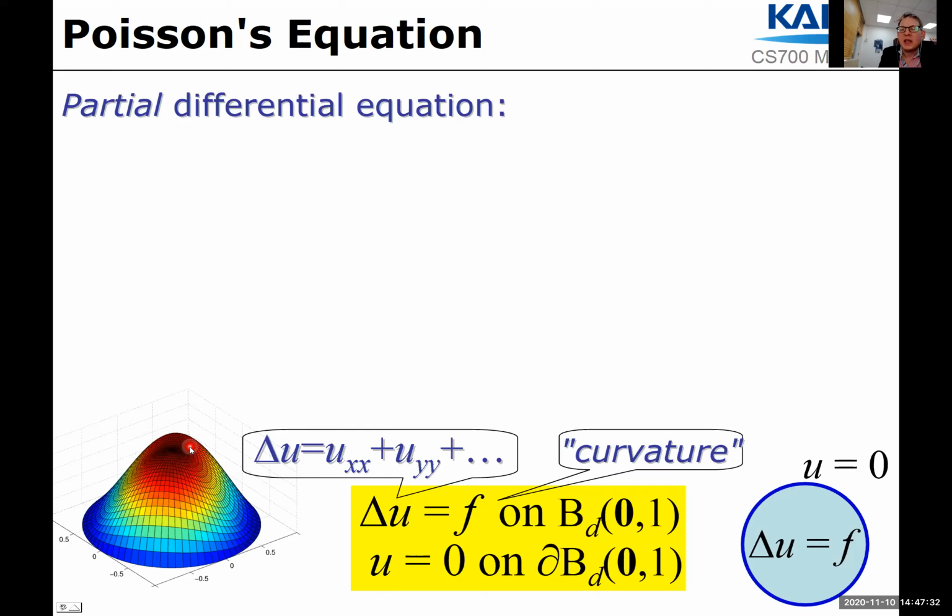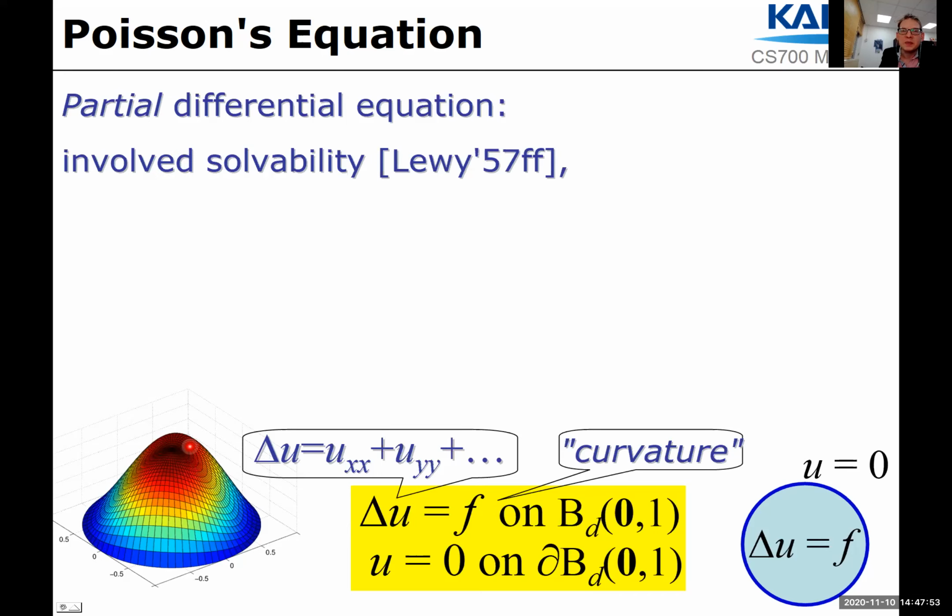So yes, as I mentioned, the mathematical theory of partial differential equations is much more involved than that of ordinary differential equations. Such questions as existence and uniqueness of solutions are much more delicate.